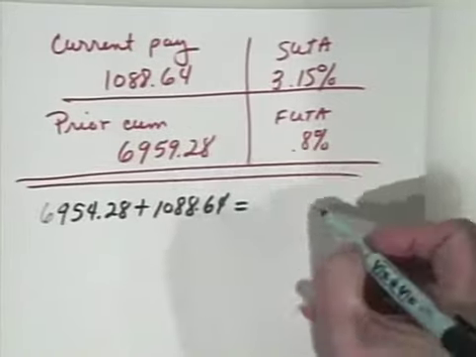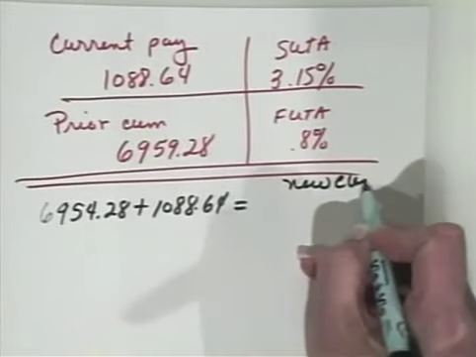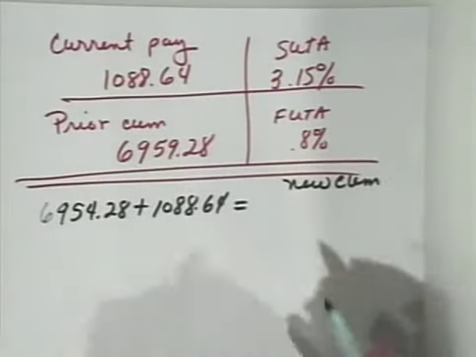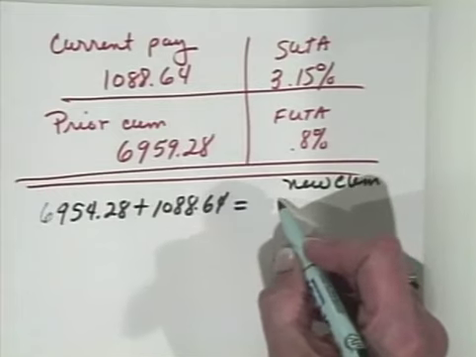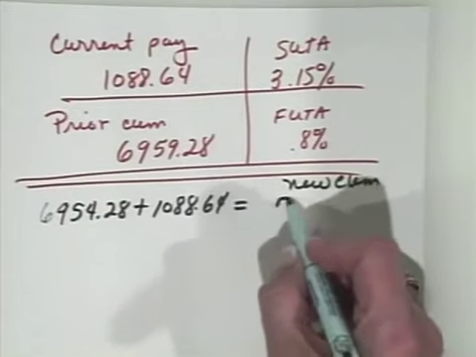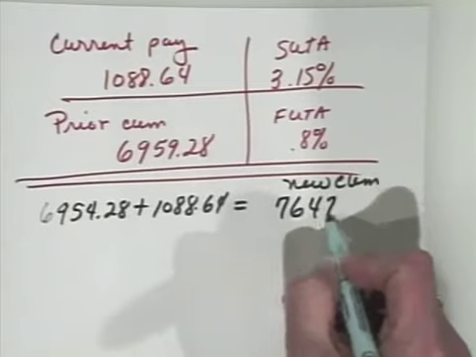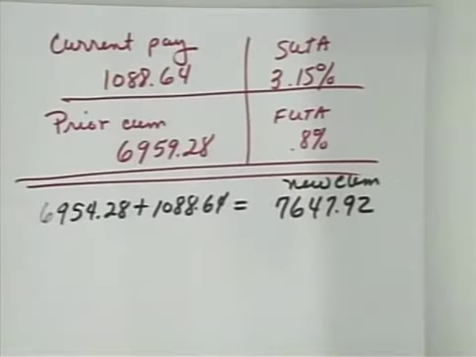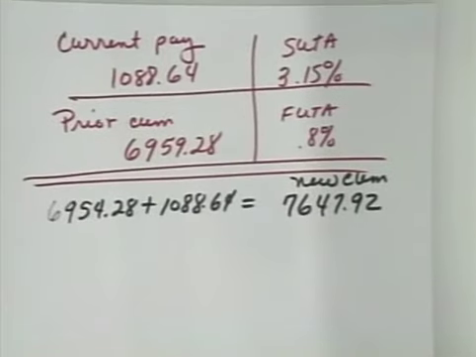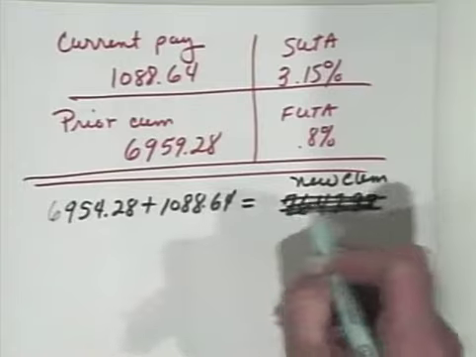What's my new cum? New year to date. Okay, I'm going to have you say it real slow. Someone offered 8864, but wrote the wrong one. Who's got the right number?